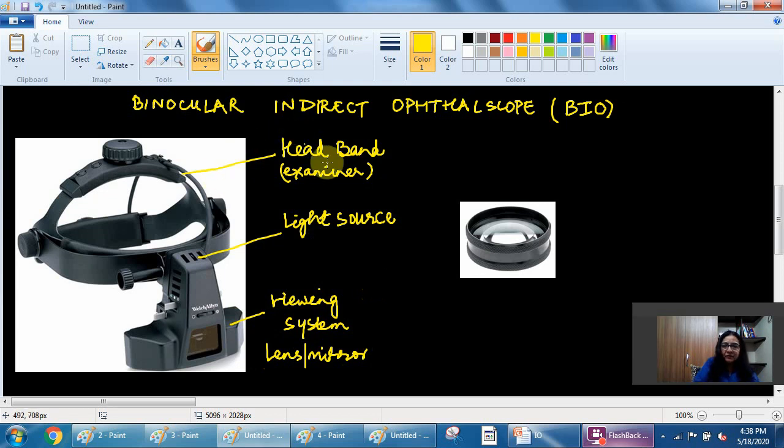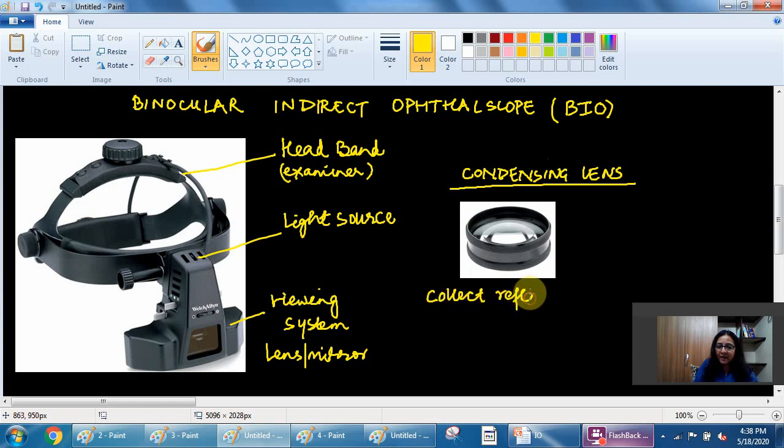Besides this instrument, we need a special lens to form an image of the retina, which is called a condensing lens. Why is this called a condensing lens? Because this helps to collect the reflected light rays from the patient's retina.